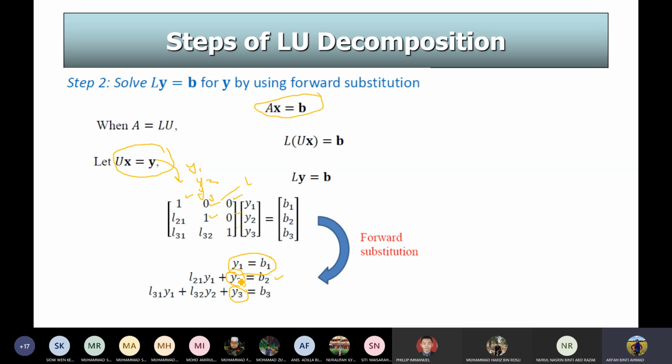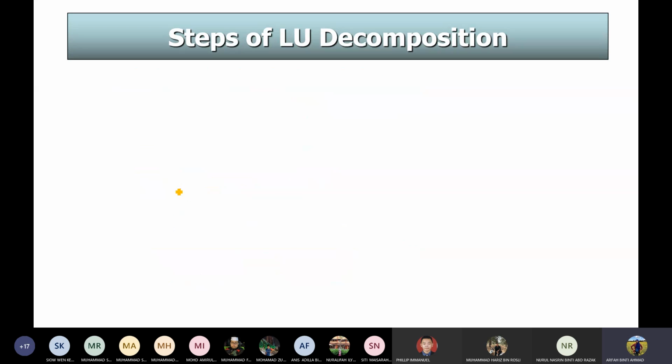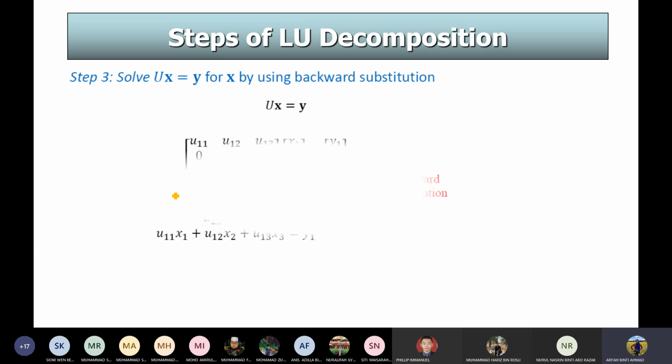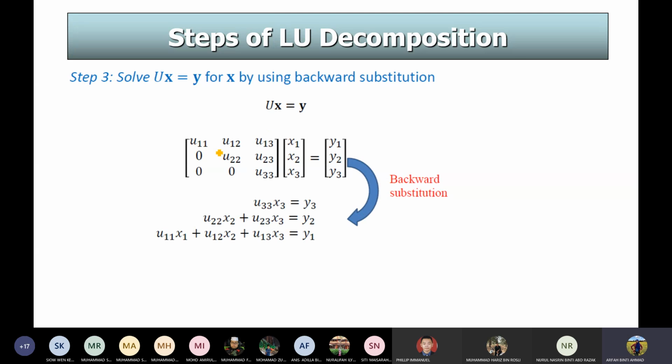Once you have Y1, Y2, Y3, put them into this one: U times X equals Y. For your matrix U we use backward substitution, because you directly get U33 times X3 equals Y3. So you can solve for X3, then you can solve for X2 and then X1. This is backward substitution.